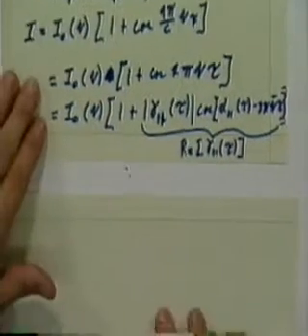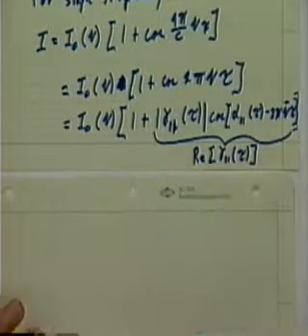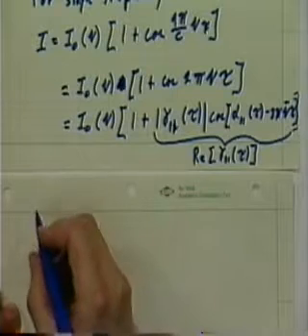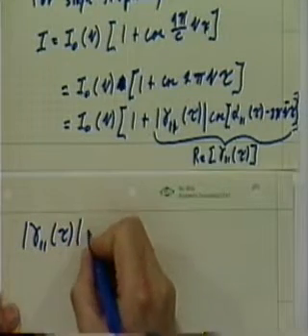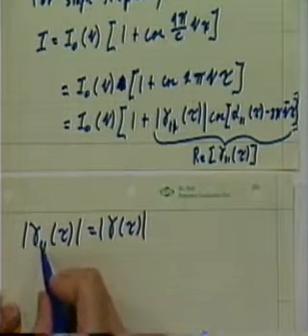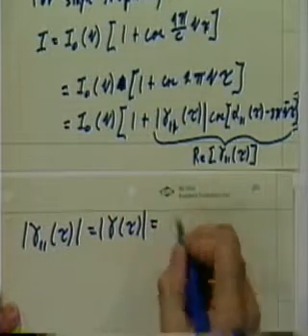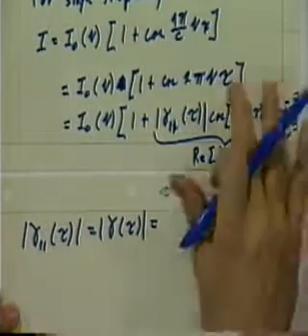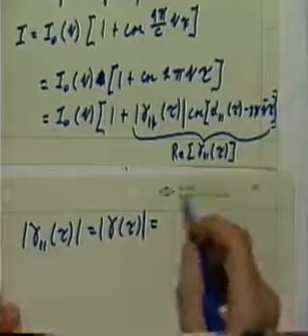So I warned you this was not a very exciting case where we had a single frequency. And so gamma 1 of tau, just write it gamma of tau, because we're not talking about spatial coherence, so I can leave the subscript off. And looking here, gamma is equal to 1.